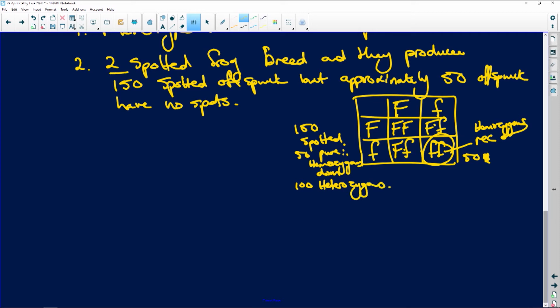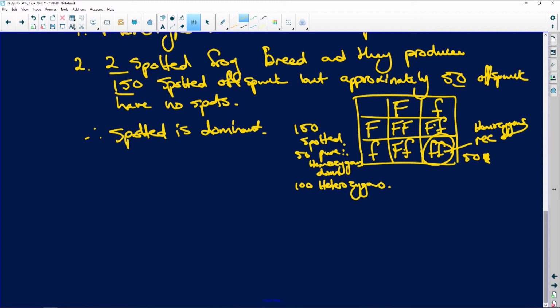So 2 spotted frogs produce babies that have 150 spotted and 50 with no spots, which means that spotted is dominant. Okay?